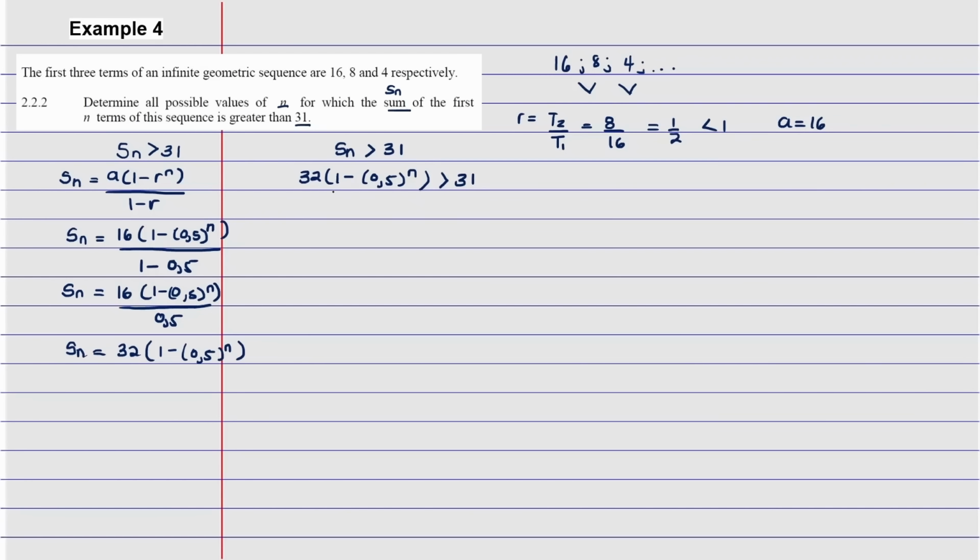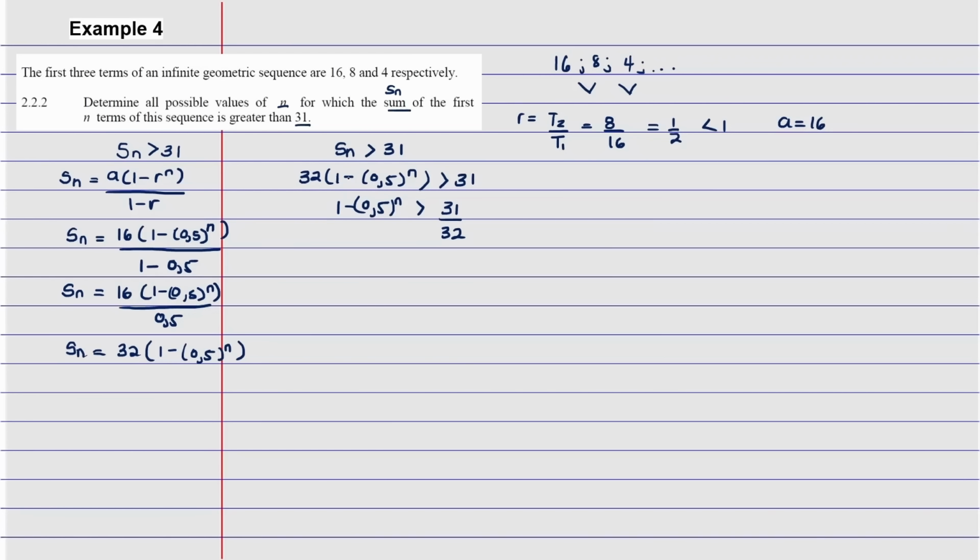To get rid of the 32, divide both sides by it. So 1 minus 0.5 to the power n is greater than 31 divided by 32.